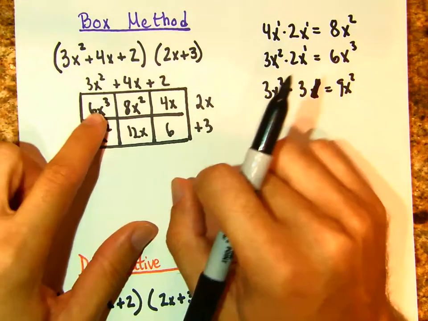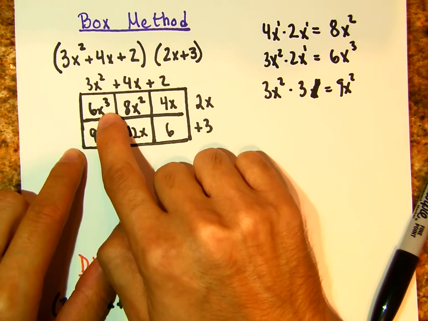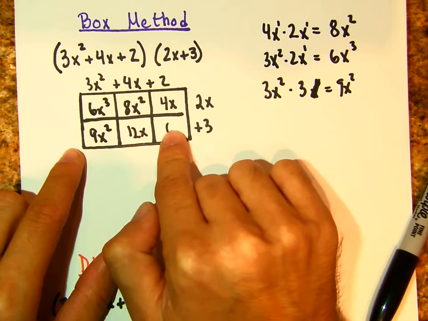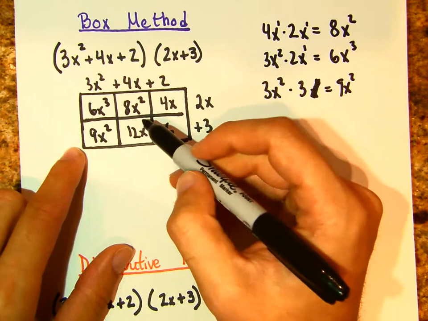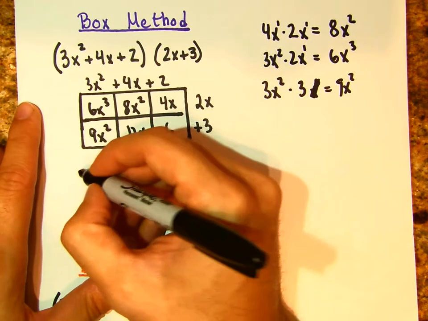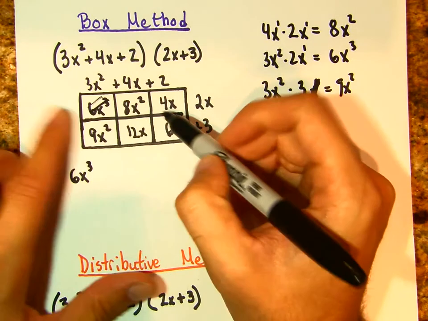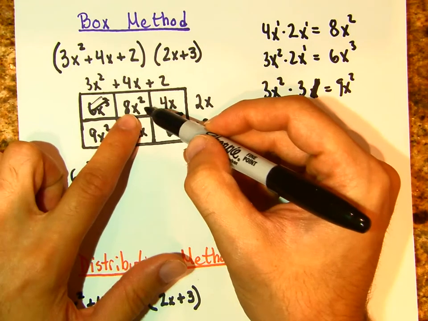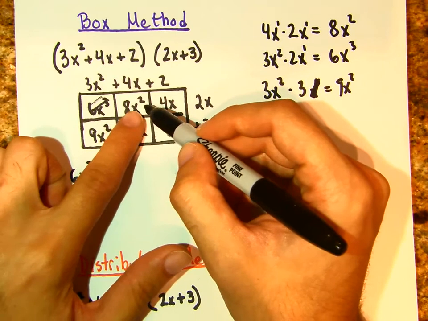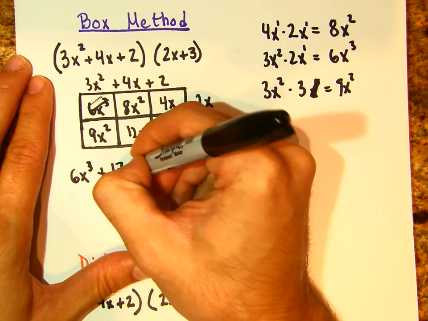So here, when we look at this 6x to the 3rd, can we combine it with any one of these terms? No, because there is no other term that has an x to the 3. So notice we just have 6x cubed, okay? And then we're done with this. This 8x squared, can we combine with anything? Yes, we can combine the 8x squared and the 9x squared, and this becomes 17x squared.